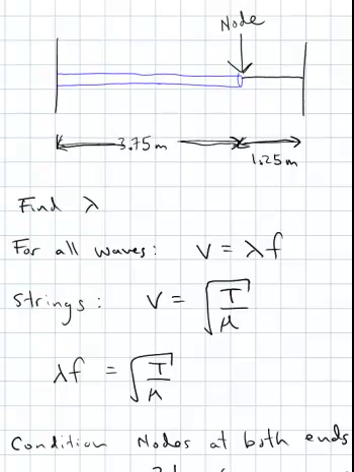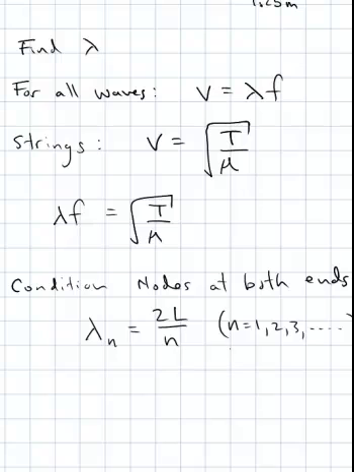So I'm just going to combine these last two equations here, and I'm going to get the frequency of the nth harmonic is going to be n over 2L, the square root of the tension over the density. So that's my equation that I need.